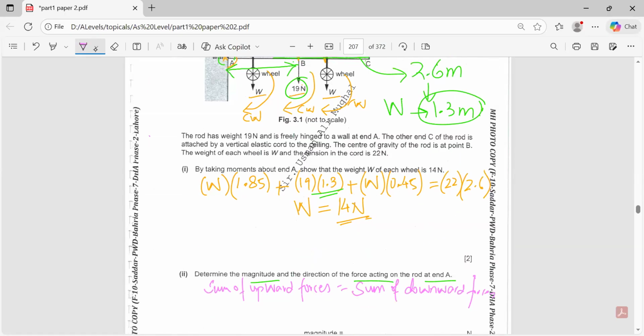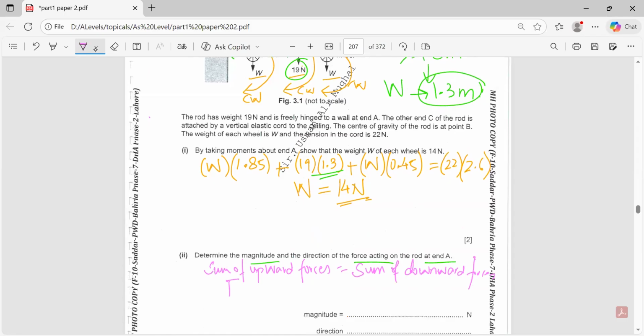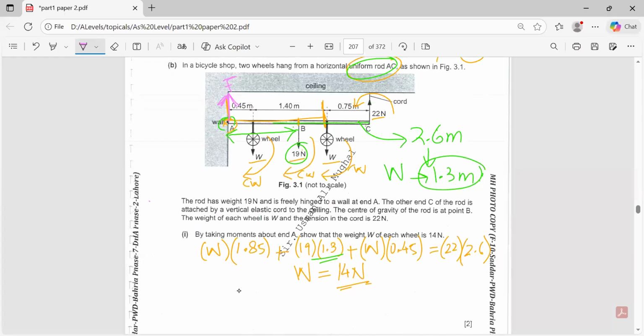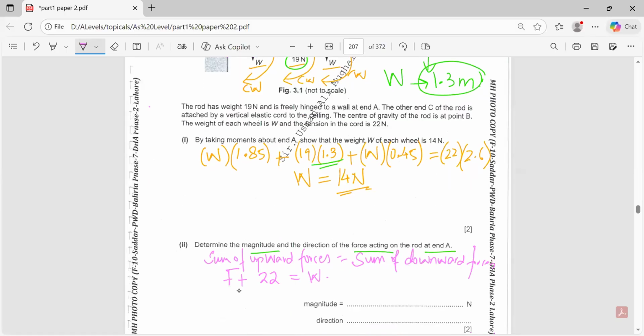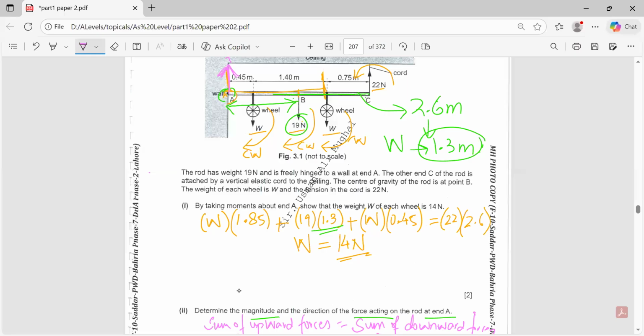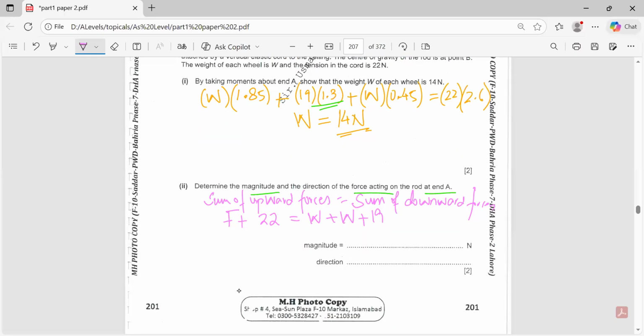So upward is F plus 22. F is upward, 22 is upward. This will equal the weight, which is downward, plus another weight downward, plus the 19 Newton force downward. So which equation are we applying here? We are applying the first condition of equilibrium: sum of upward forces equals sum of downward forces.